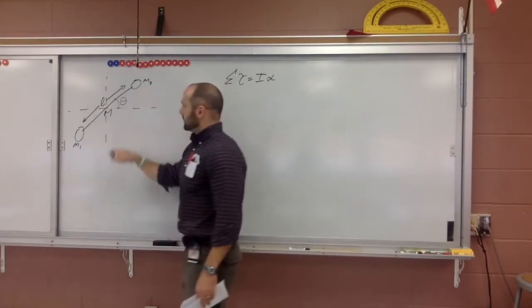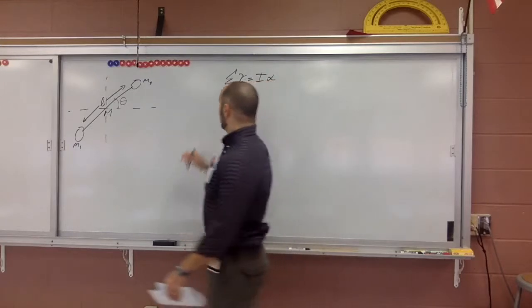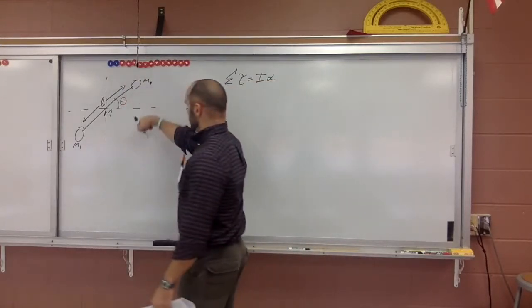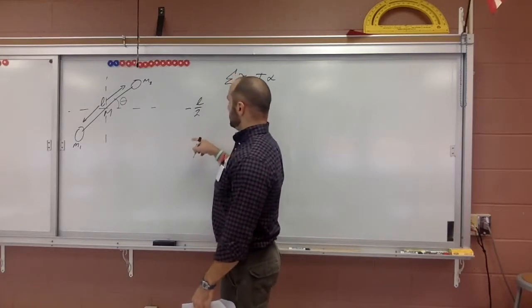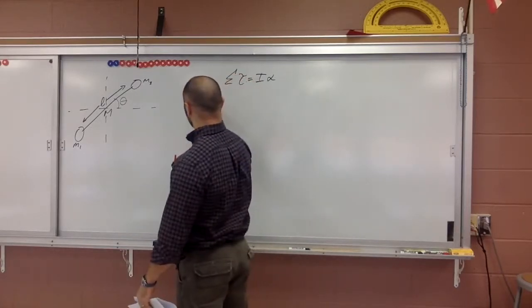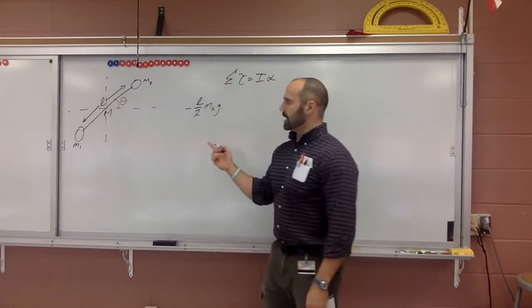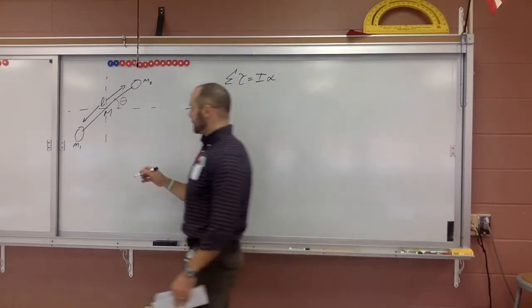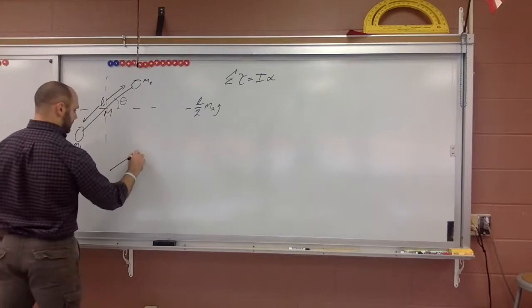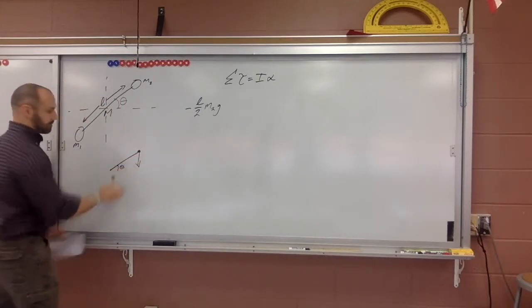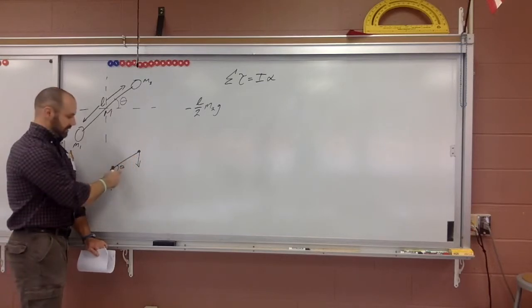And so this torque is R cross F. R is L over 2. This one's going to be negative. And then F is going to be m2g, but then the angle, what's the angle going to be? We need to be a little careful here because here's the radius, and then here's the force. The angle we have is this one over here. It's not this angle, it's this angle.